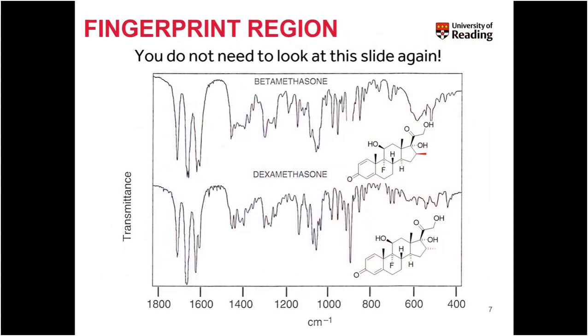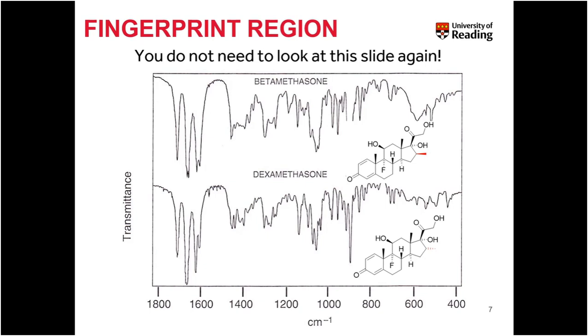So here is the fingerprint region for two compounds. We have betamethasone and dexamethasone. Now the only difference between the two compounds is that we have a methyl group pointing in opposite directions. So these compounds are very, very closely related to each other. Now what we can see is that the fingerprint regions for the two compounds contain a lot of peaks, but that these peaks are very different to each other.